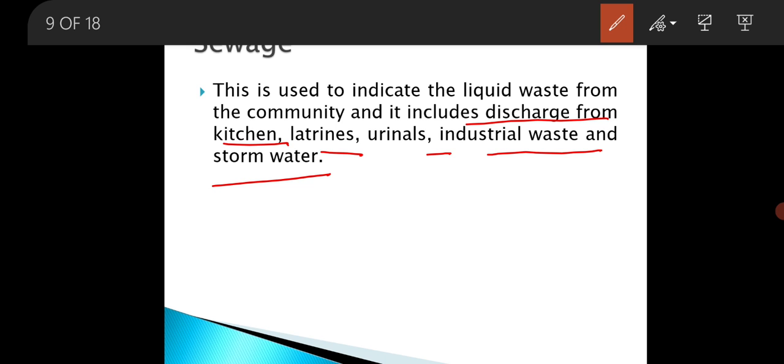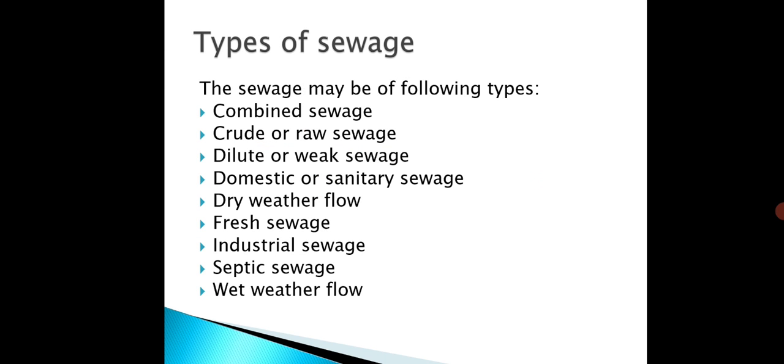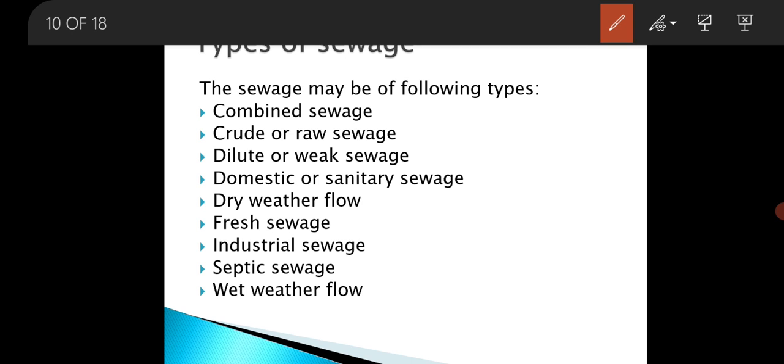Next, types of sewage. Sewage may be of the following types. First one is combined sewage. Combined sewage indicates the combination of sanitary sewage and storm water with or without industrial waste.